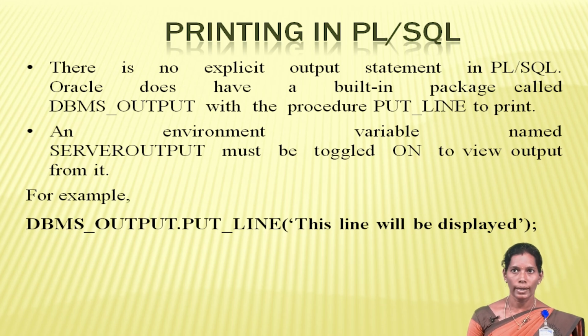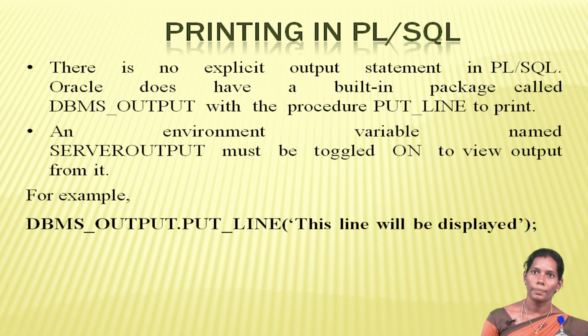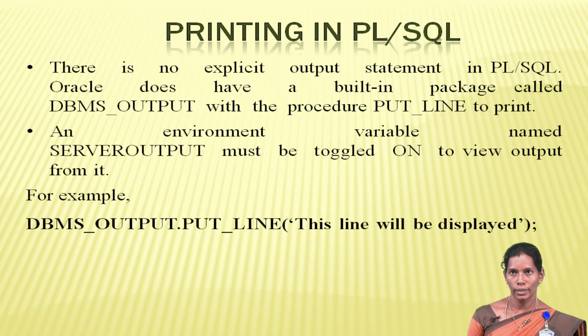The PUT_LINE procedure displays information passed into the buffer and puts a new line marker at the end. For example, DBMS_OUTPUT.PUT_LINE. This is a display output statement.